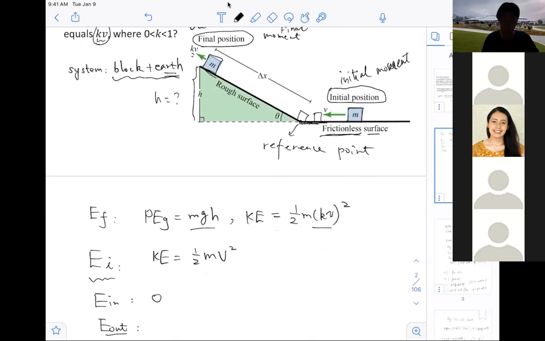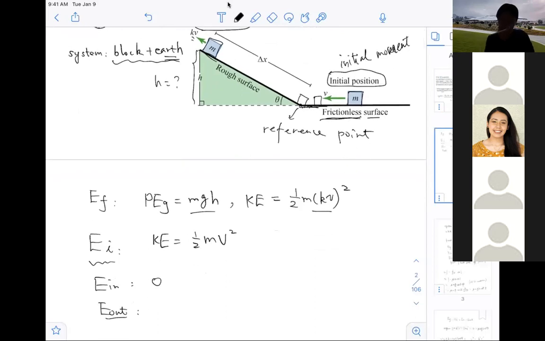And what about energy output? I think there isn't any because we chose Earth and the block, but if there is, it's friction. There is friction. The friction is opposing the direction of motion and it's slowing the object down. It is definitely taking energy out of the system.